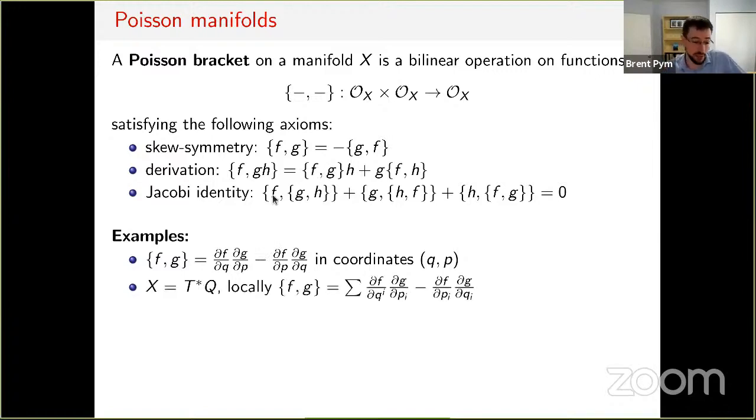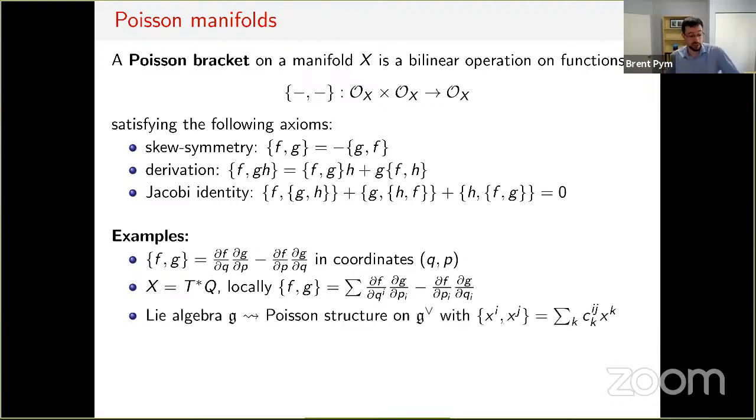This is a baby case of a Poisson bracket on any cotangent bundle. If X is the cotangent bundle of some Q, then I can choose coordinates on Q, which induce coordinates on the cotangent bundle. And then the Poisson bracket is given by the same formula. It's independent of the coordinates.